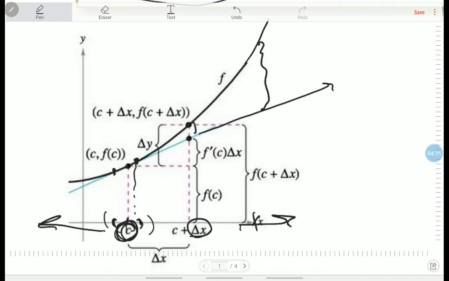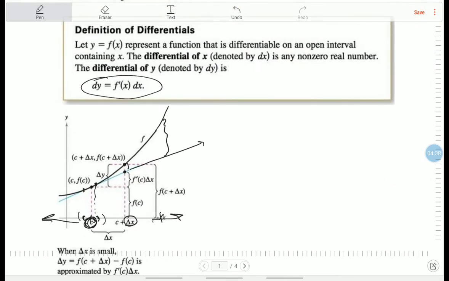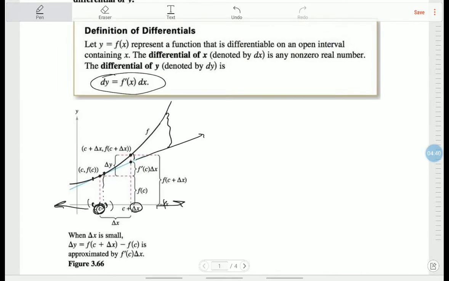So that's really what's going on with differentials. Can we get a reasonable approximation? Going back to that definition, we're going to use dy to denote the differential, and that formula is just f prime of x times dx. So let's talk about some notation that we're going to see here.